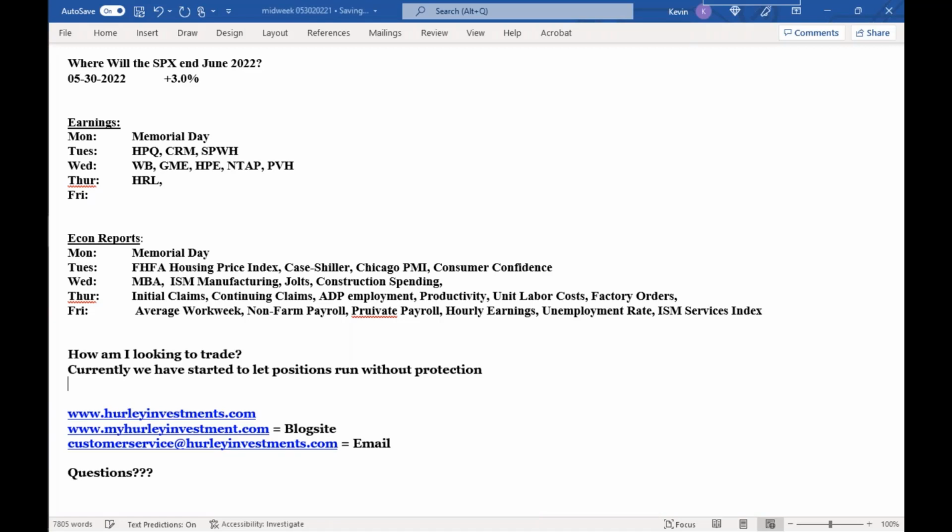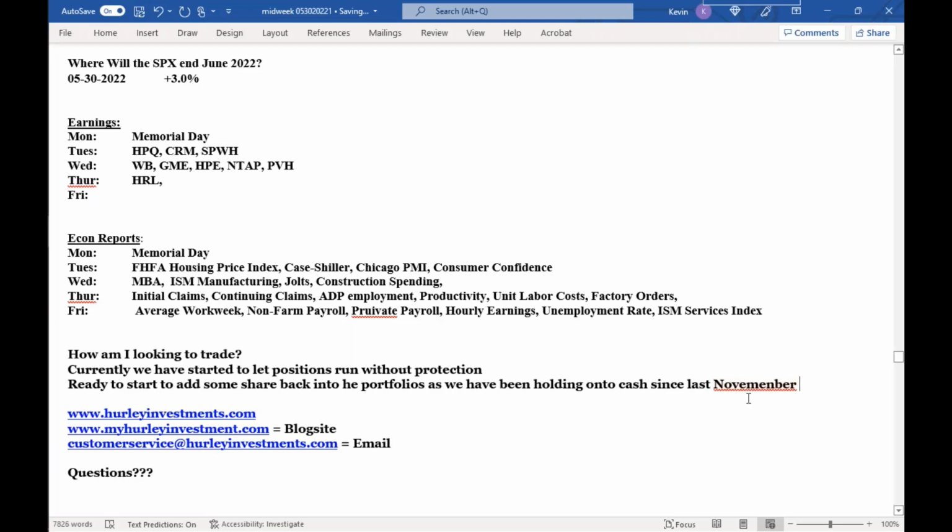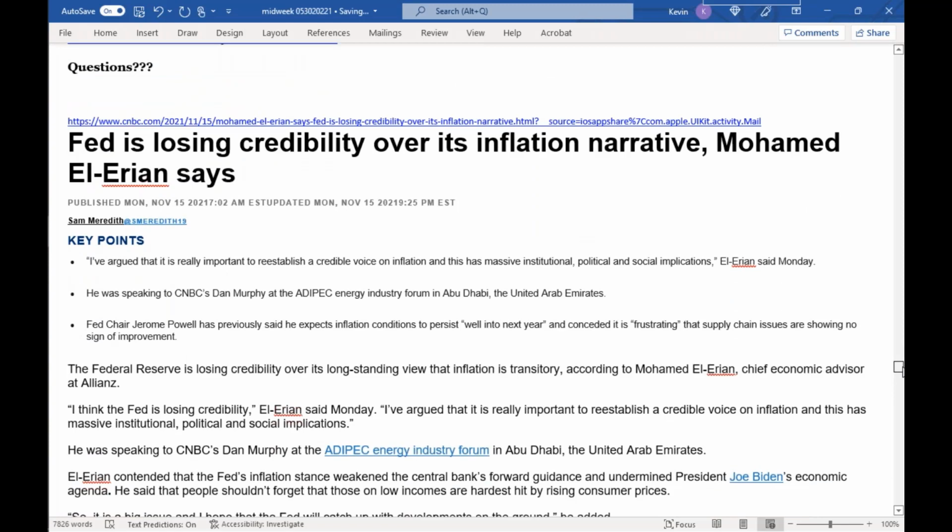We are also, like we said, ready to start to add some shares back into the portfolios, as we have been holding on to cash since last November. So just something to keep in mind there. We are cash heavy in general on accounts.